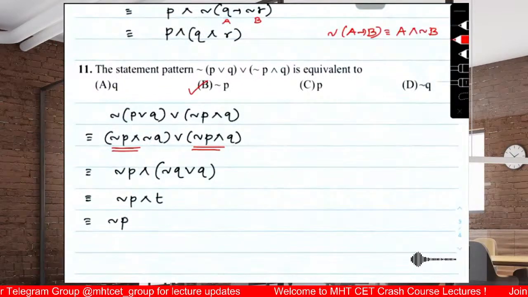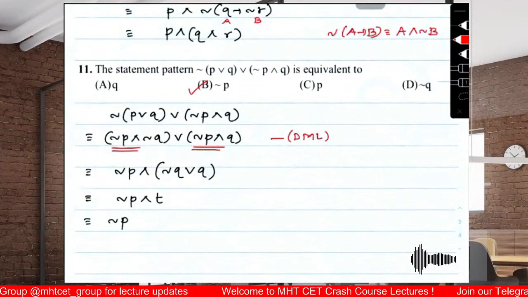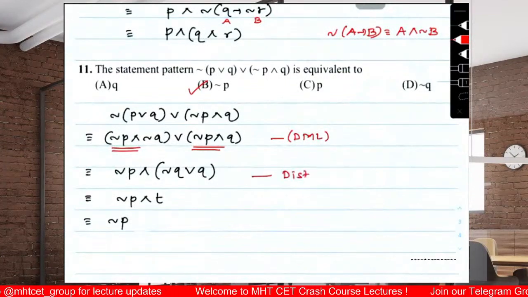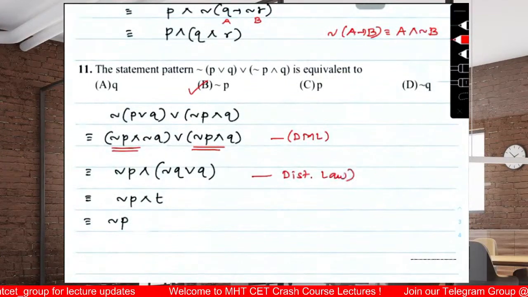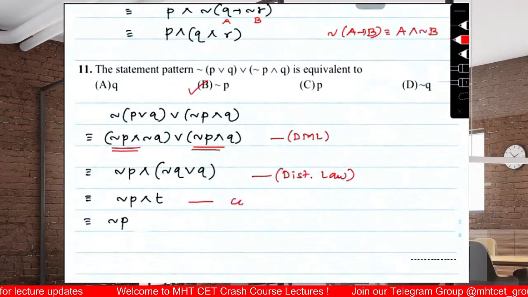Reason for this is De Morgan's law. Reason for this is distributive law. Reason for this is complement law.